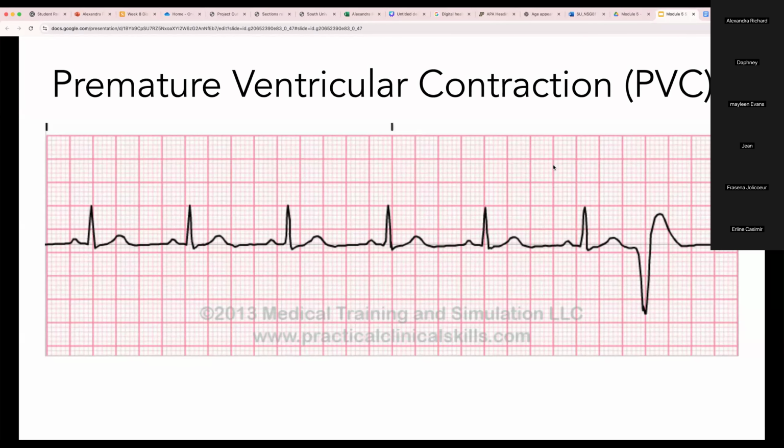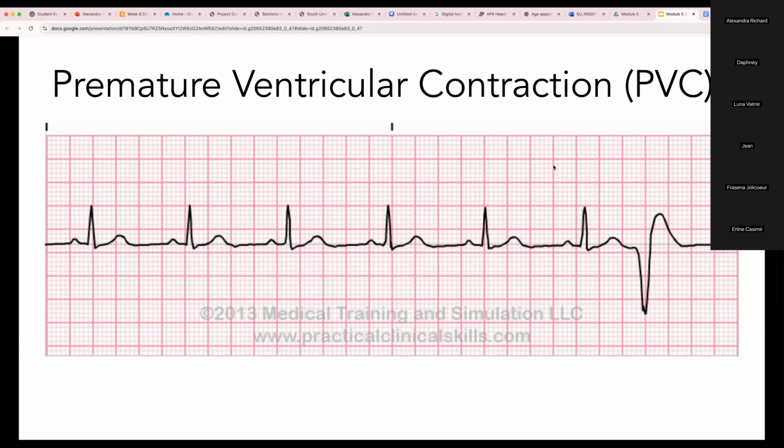Okay, so what are you concerned about as a nurse? Are you concerned if you just see one PVC randomly and then you never see it again? Or when should you become more concerned? Very good. As a nurse, you get concerned when you start to see PVCs more often in your patient.